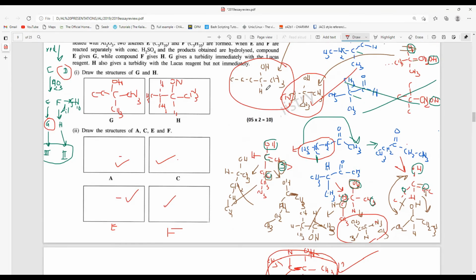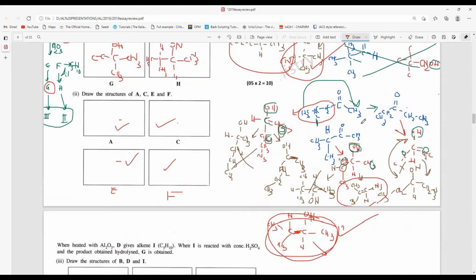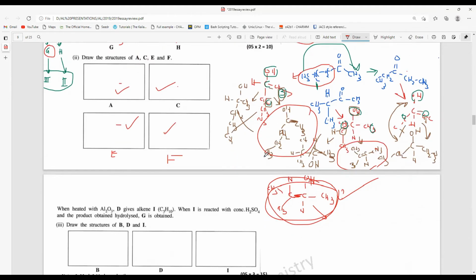And when you dehydrate it and rehydrate it, the remaining structures are this one, this, this. From this one is obtained, the other one is remaining here. So you can check based on that what structure would come.